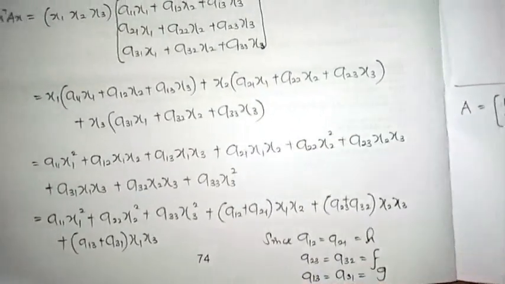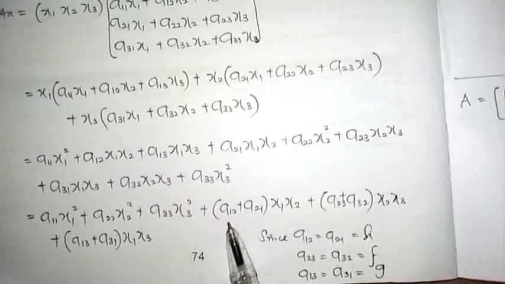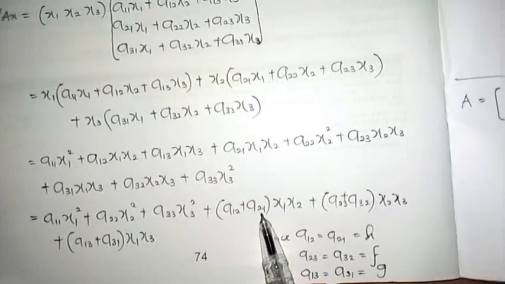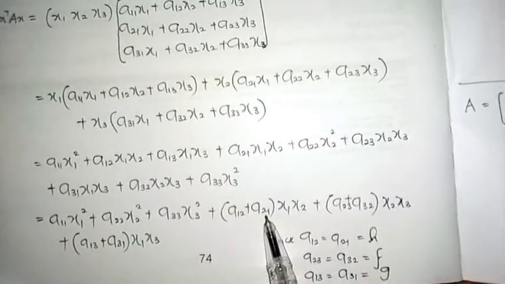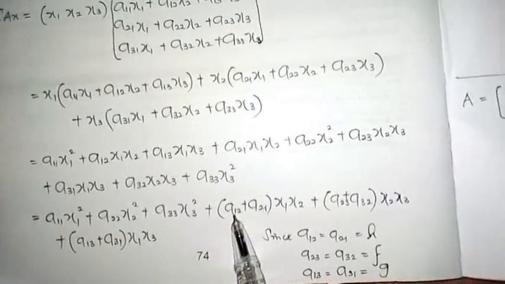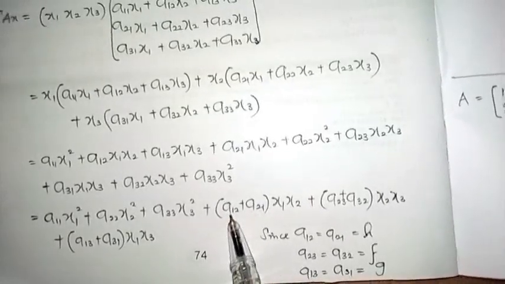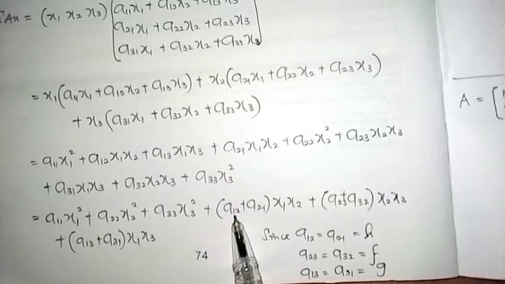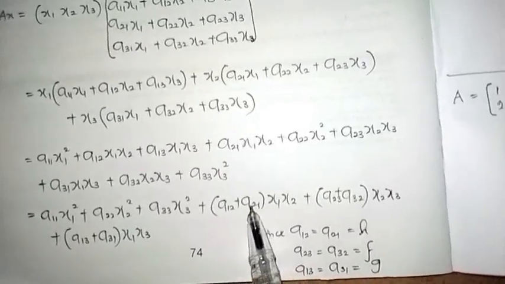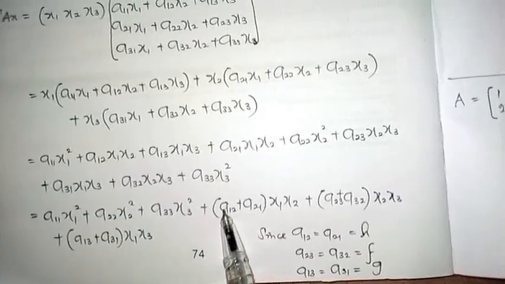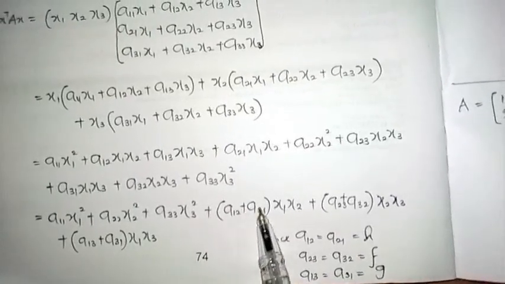So here in this aspect, where we get to find a12 plus a21, it's this way because a12 and a21 actually are the same. A12 equals a21, so we get to represent it by h. So if we say h plus h, we are having 2h.